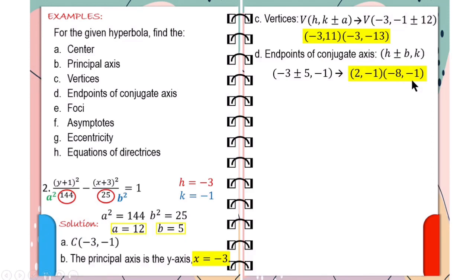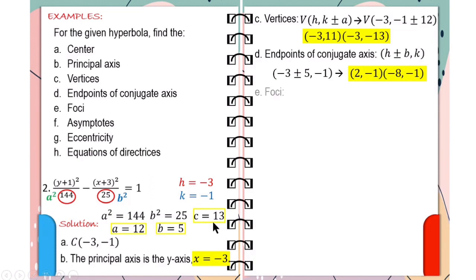To determine the foci, we solve for c, where a² is 144 and b² is 25. 144 plus 25 is 169, and square root of 169 is 13. So c is 13.